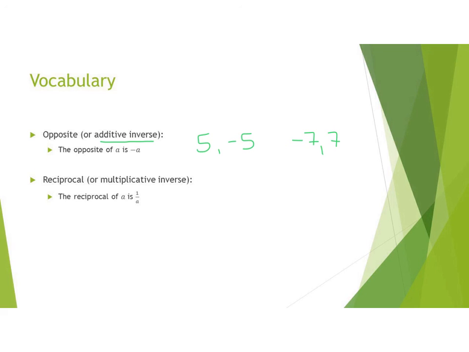And for reciprocals, the reciprocal of 2 is a half. A formal definition would be if you multiply them together, you should get 1, so there'd be 2 over 2, which is 1. And we can say the reciprocal of 1/5 would be 5. Again, if you multiply those together, you would get 1.